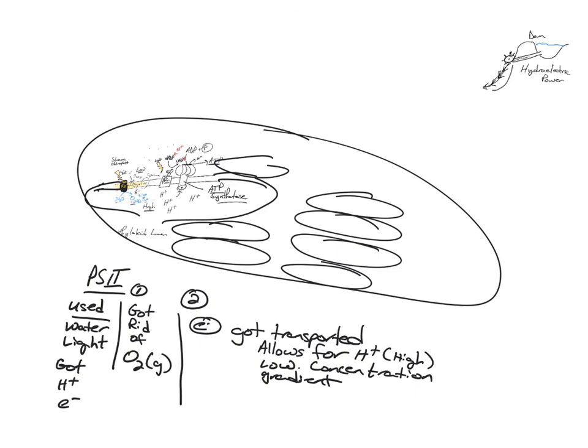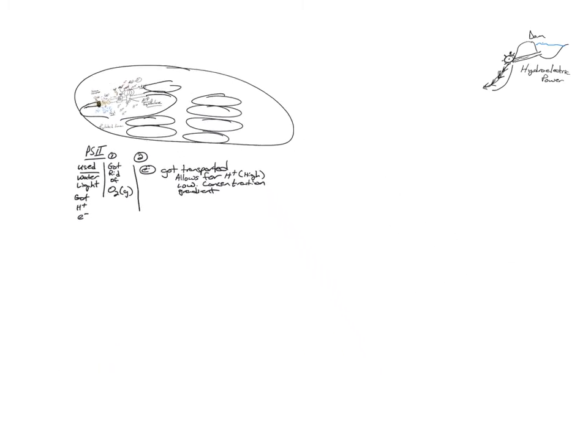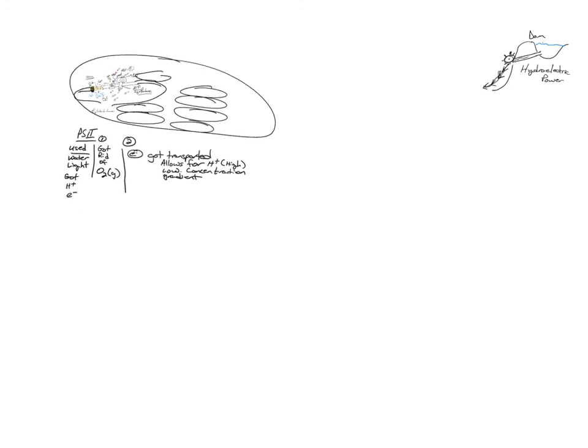So there's a crazy amount of ATP being made, a crazy amount of electrons, water, and light coming in and being captured. All that's happening all at once. So the electron being transported allows for hydrogen ions to be high, which creates a concentration gradient, which allows ATP synthetase to do what?